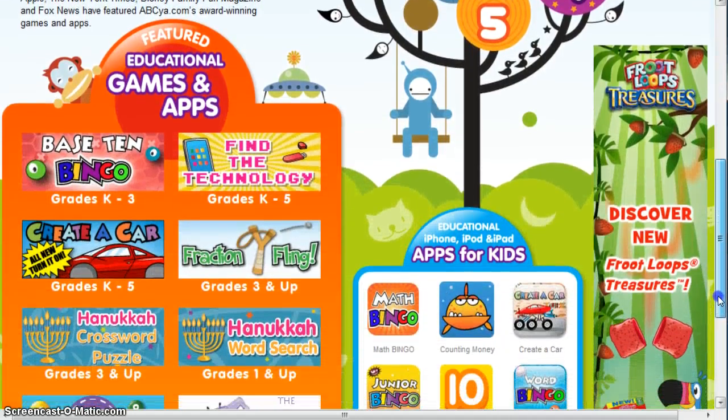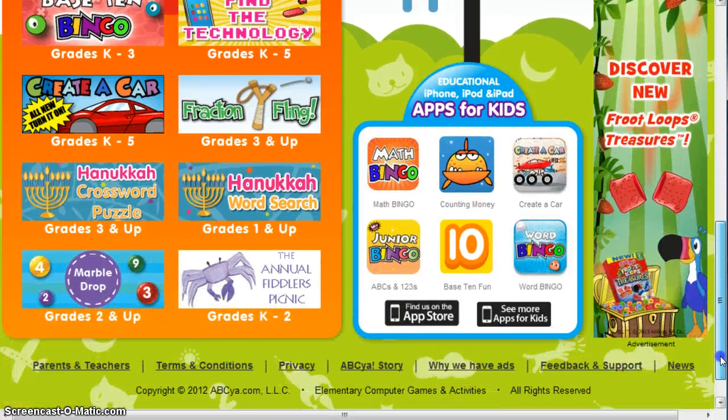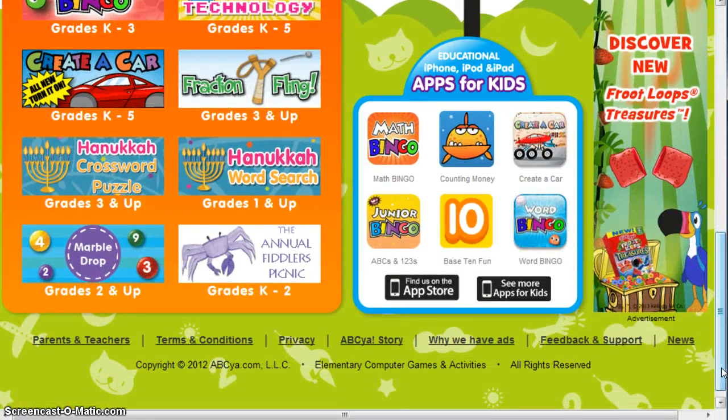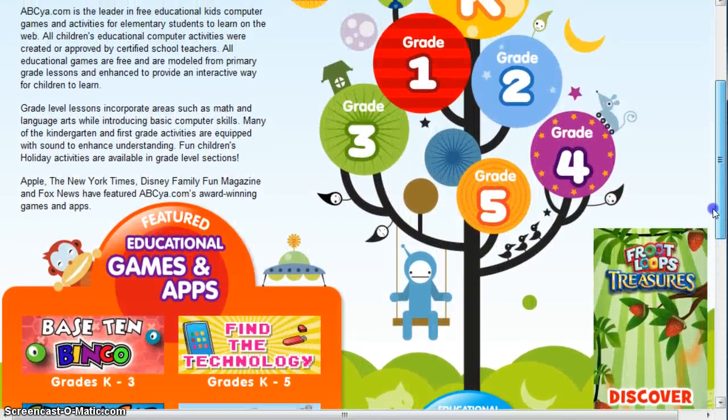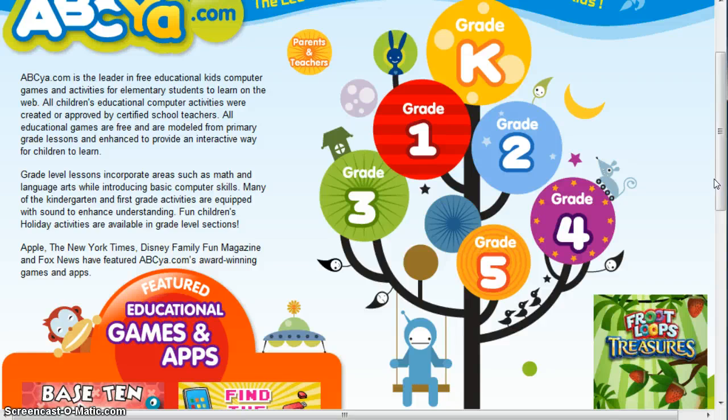We'll scroll down here to search in terms of just subject. Sometimes if you just want to work on math, for instance, you might want to be looking by subject, and sometimes your kids might not be at grade level or, in fact, be ahead of grade level. So that's one small drawback here. But in general, they have really great resources.